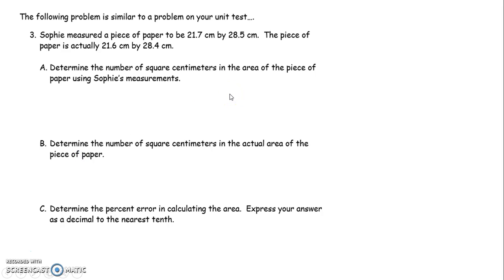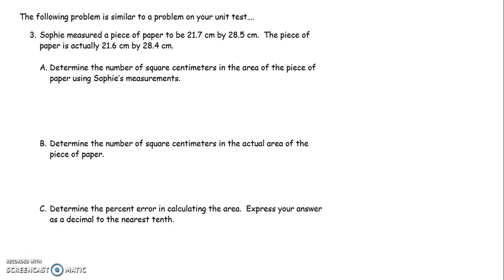Sorry, let me go back to the last slide. This last problem that I'm going to go over with you is similar to a problem on your unit test. It says Sophie measured a piece of paper to be 21.7 centimeters by 28.5 centimeters. The piece of paper is actually 21.6 centimeters by 28.4 centimeters. Sometimes when we measure with our rulers, we can be a little bit off.